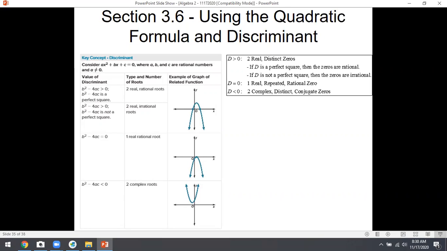If the number you get out is a perfect square, because remember this is under the square root, right? So if you get out like 36 under the square root, is the square root of 36 pretty? Yeah. If you got out 49 under the square root, is the square root of that pretty? Yeah.